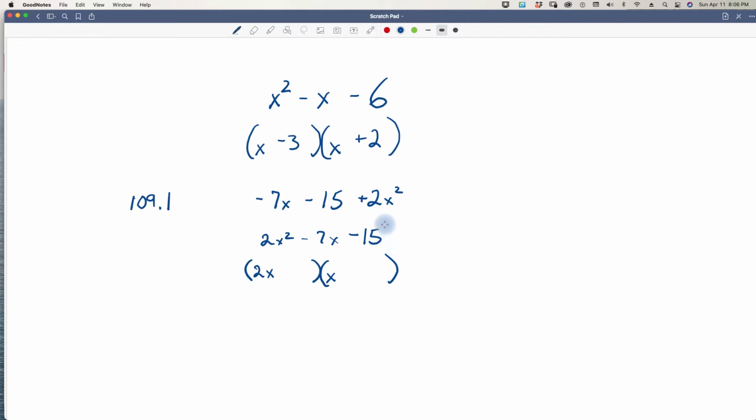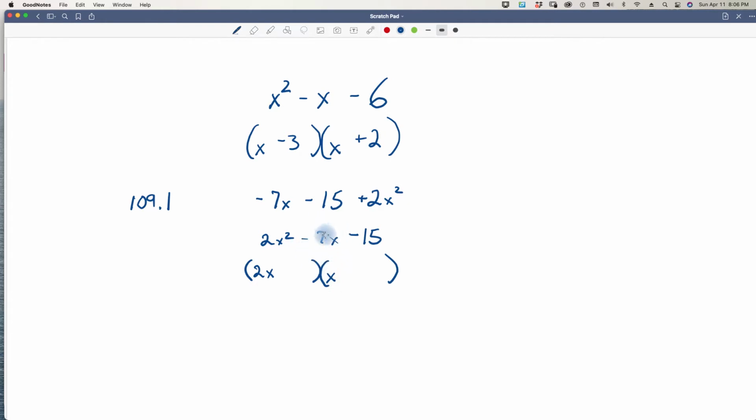Now, however, we have to look at our third term, which is a -15, and we have to compare it to our first term and our second term to combine and give us our middle term.